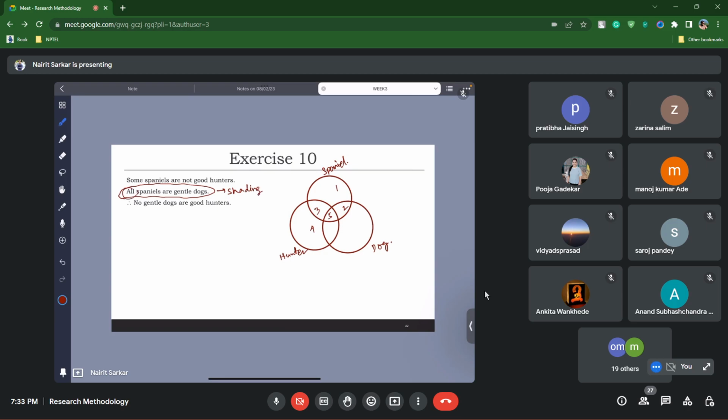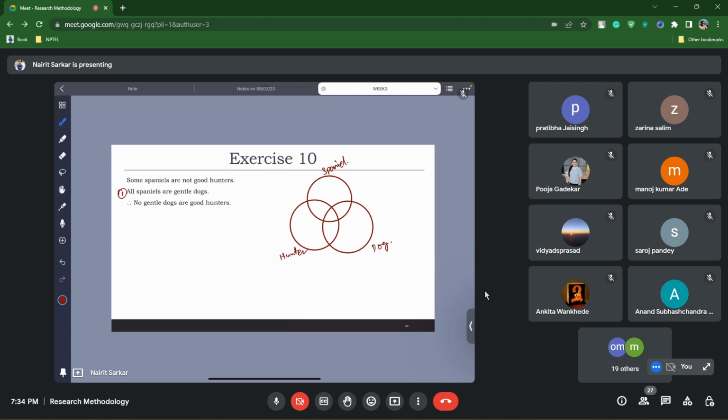Because we have all. And here it is some, that means X. So first shading or first putting X? First shading. So first we have to shade using the second sentence. So the second premise should be first.